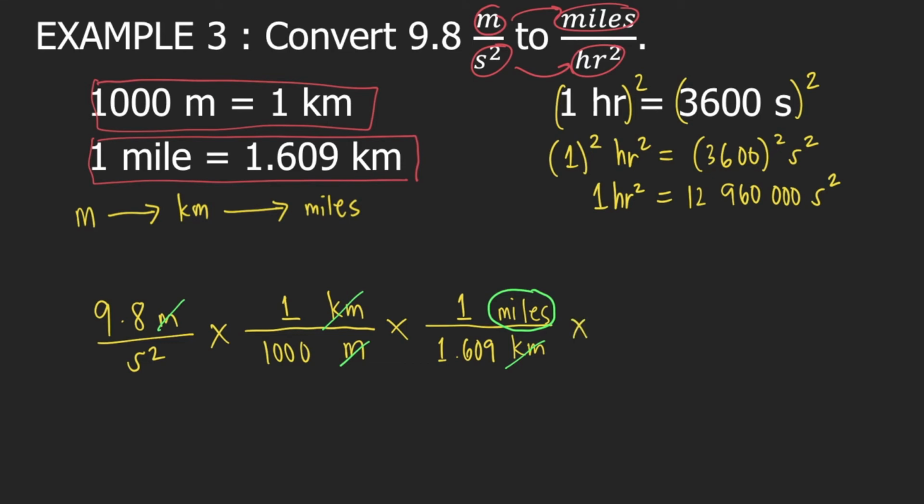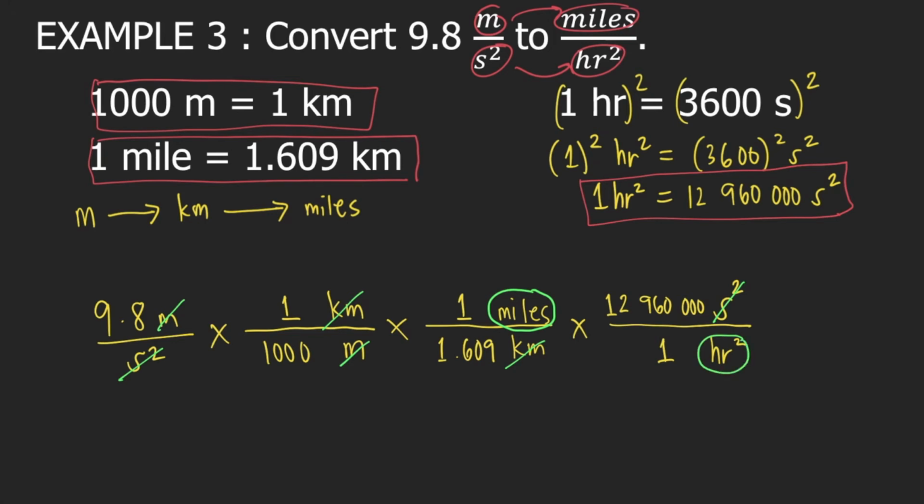To cancel second squared, we will put second squared on top, and on the bottom we put hour squared. 1 hour squared is equivalent to 12,960,000 second squared. So second squared will cancel, and our unit on the bottom would be hour squared.